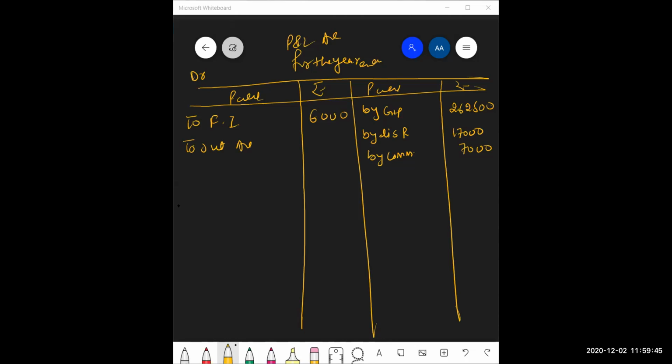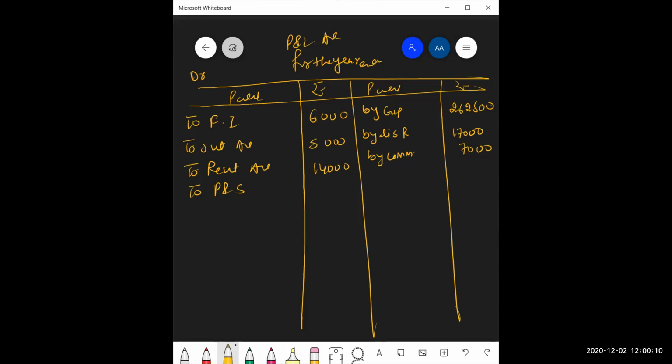So to interest, which is 5,000. Then rent paid, to rent account, which is 14,000.